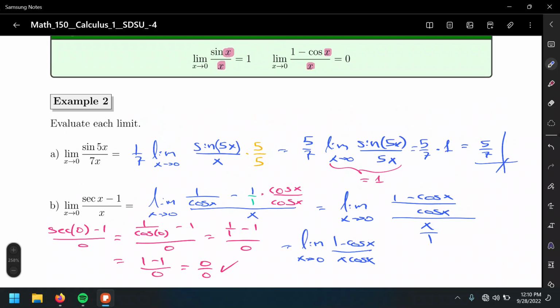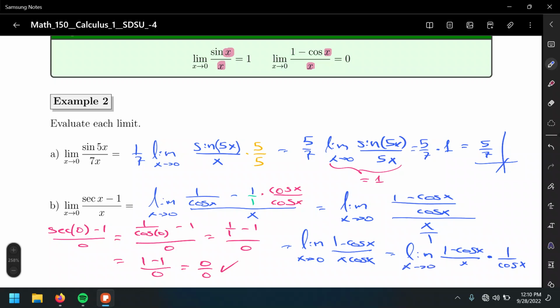So in this case, how about we use properties of limits in order to split this into two limits? Because, well, do we agree that this is the same as saying limit 1 minus cosine x over x times 1 over cosine x? Are you guys following me here?